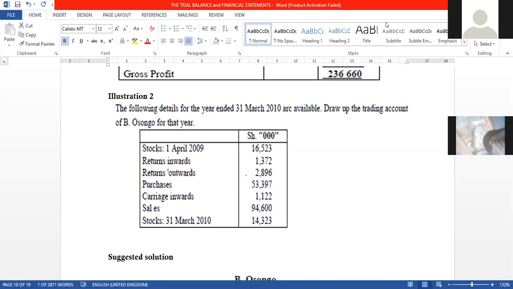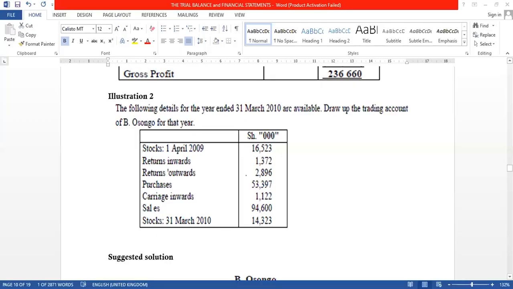Someone confirm that you're able to see the screen. You are able to see the screen. Good. I hadn't seen your response. So very fast.